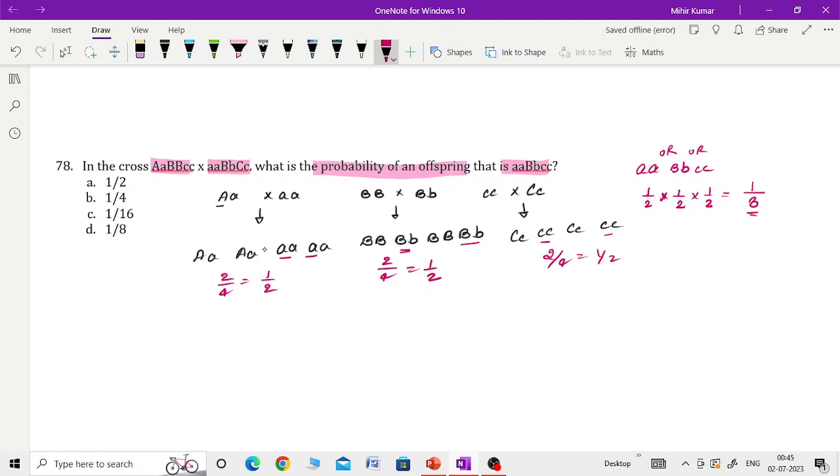The correct answer for this question is D, 1/8.